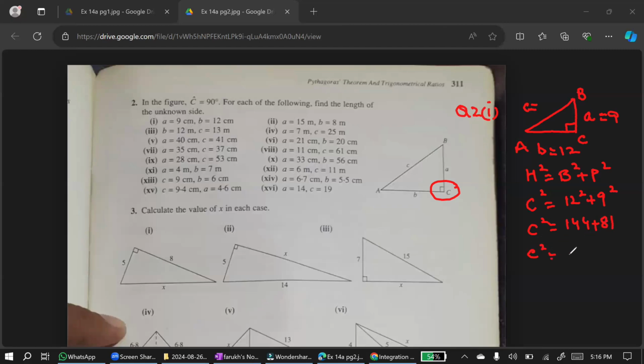C square is equal to 225. Now C is equal to 225 power 1 by 2. C is equal to 15. Okay. Okay, sir.